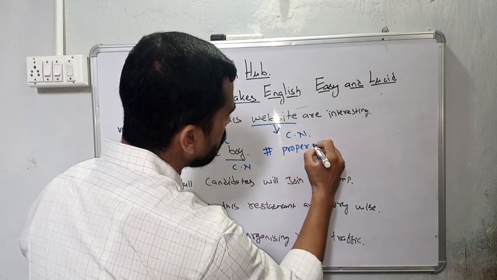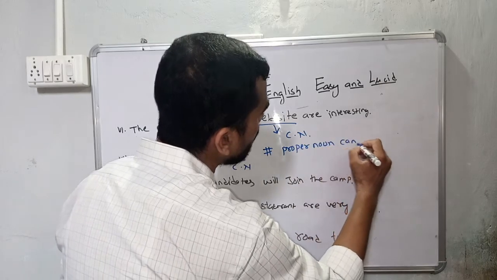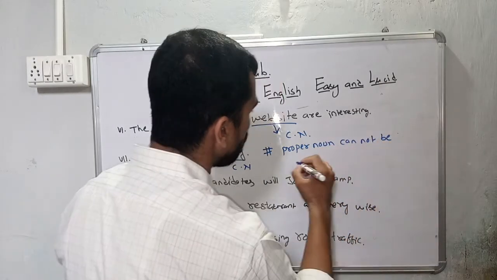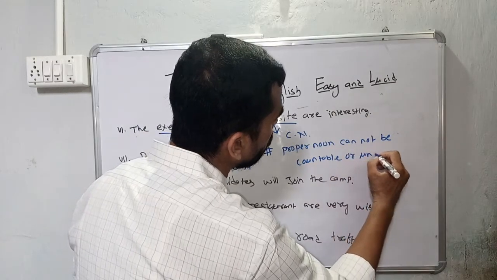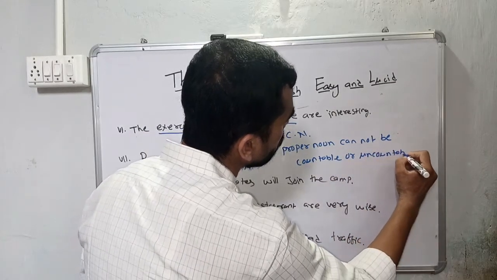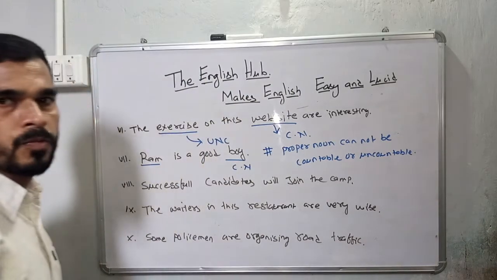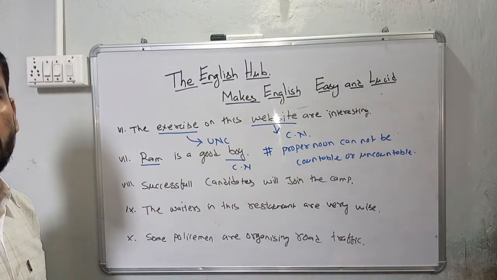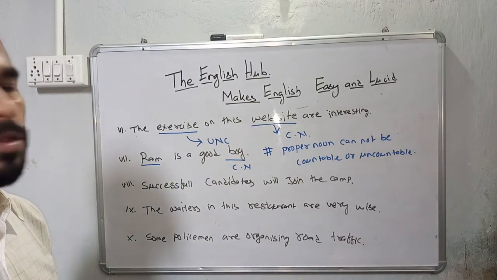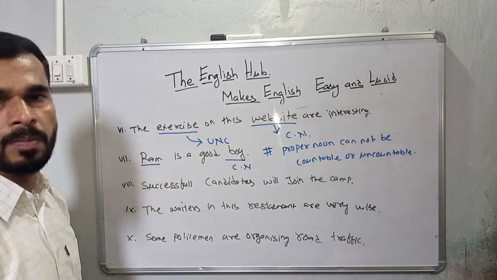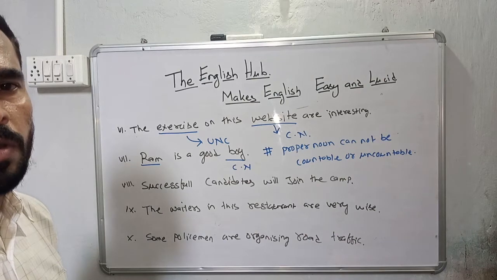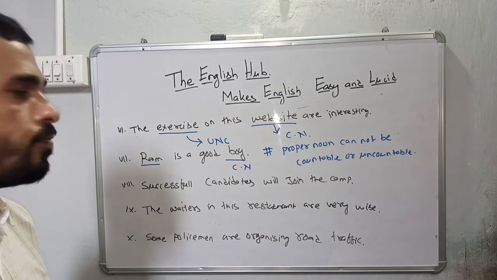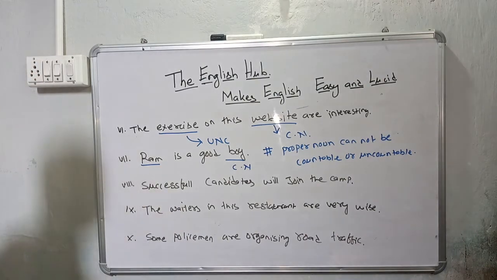Proper nouns cannot be countable or uncountable. You have to just leave that. Proper nouns cannot be countable or uncountables. Name of a person, you cannot say whether that is countable or uncountable. That is only noun.